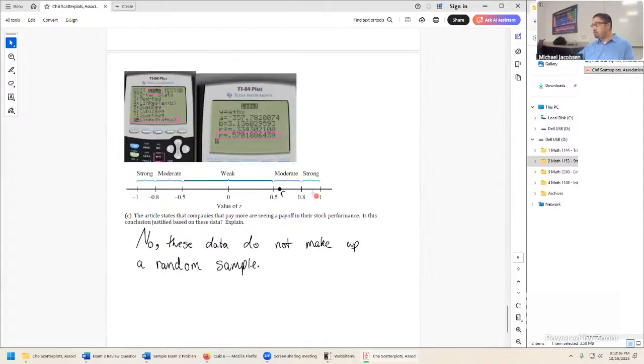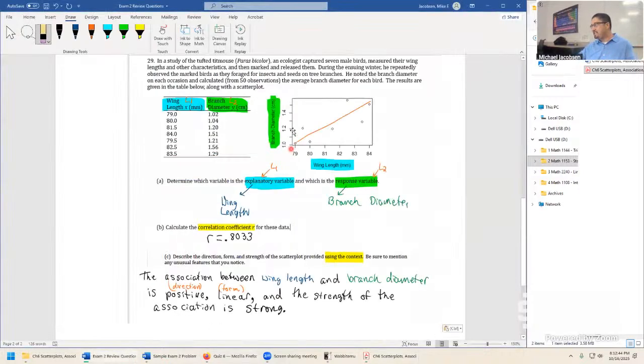What does strong really look like if we're on the upper end? Remember, ours was on the border, actually. It's between moderate and strong. And so I kind of agree with you. This is pretty good scattering. So if you said it's moderate as opposed to strong, that would be pretty good judgment on this. Strong is supposed to look like the points are all practically on the line, like the problem above.